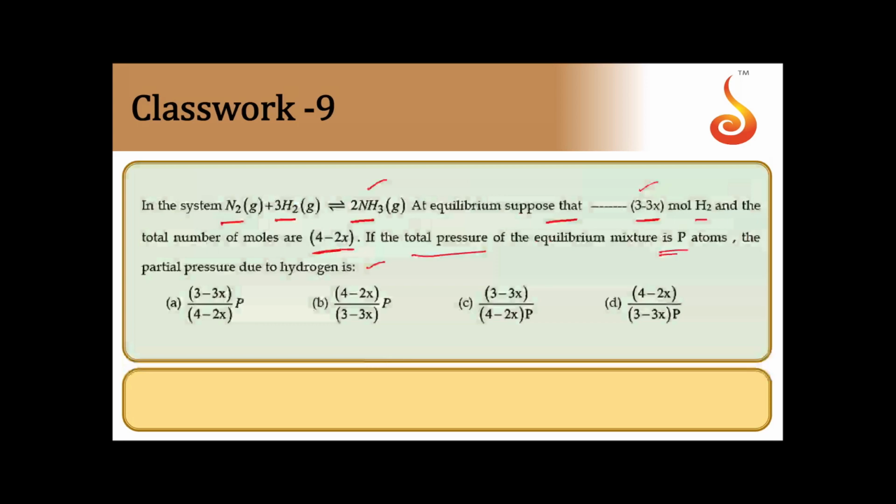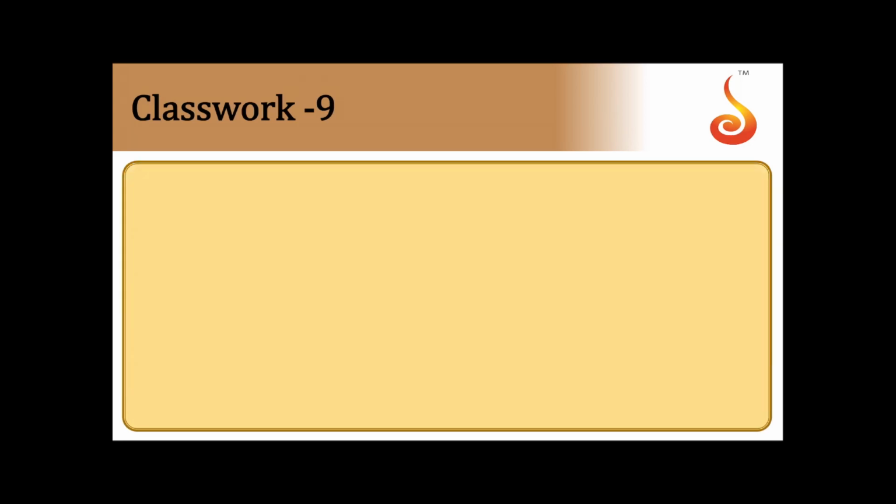Partial pressure will be equal to mole fraction into total pressure. So the partial pressure of hydrogen will be the mole fraction of hydrogen into total pressure.